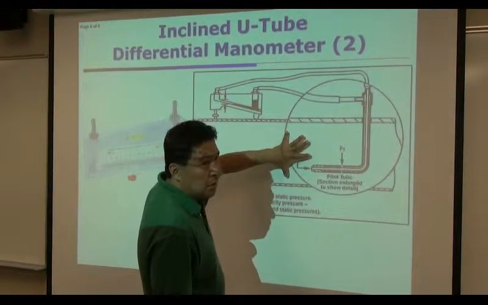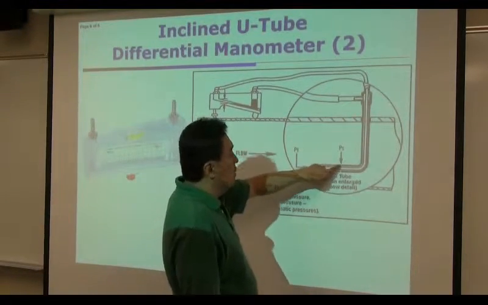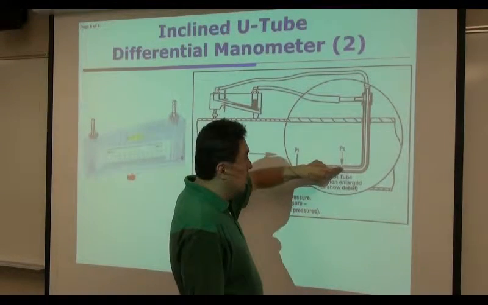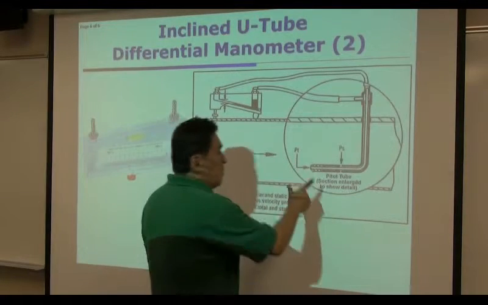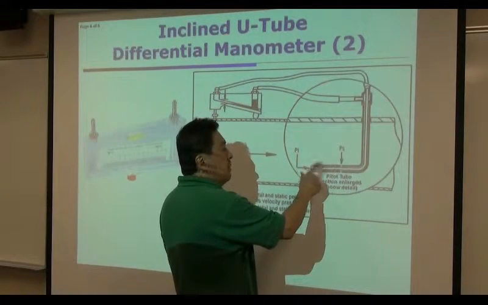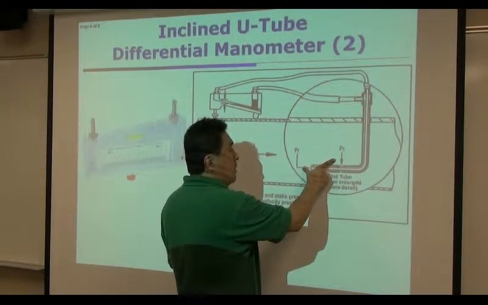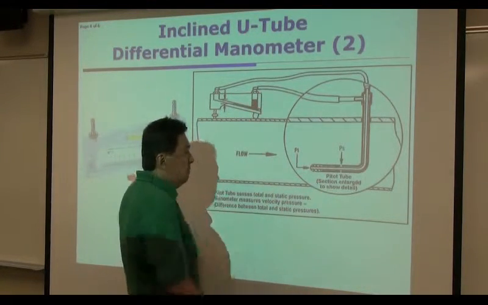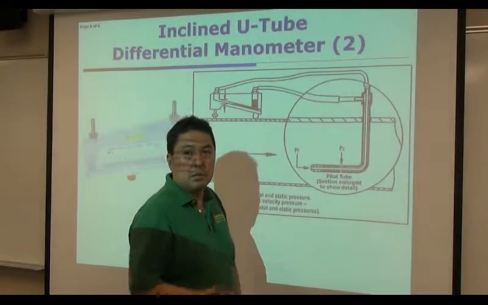So this is the stagnation point, which determines something called total pressure. The side port of this tube measures the static pressure. So if you take the difference between total pressure and static pressure, you can determine that using this device. It is dynamic pressure.